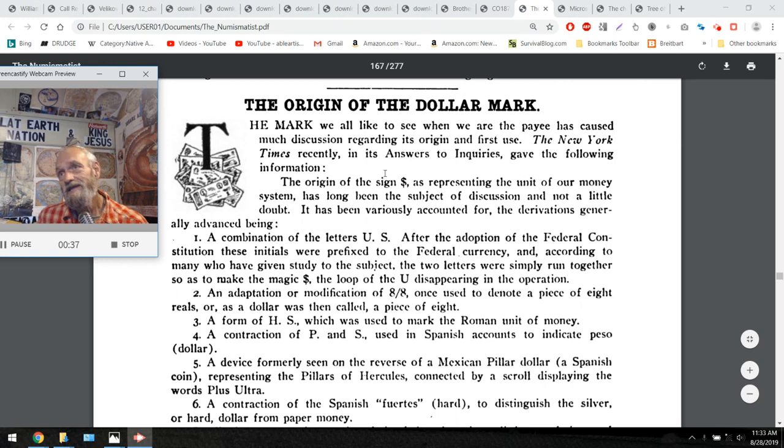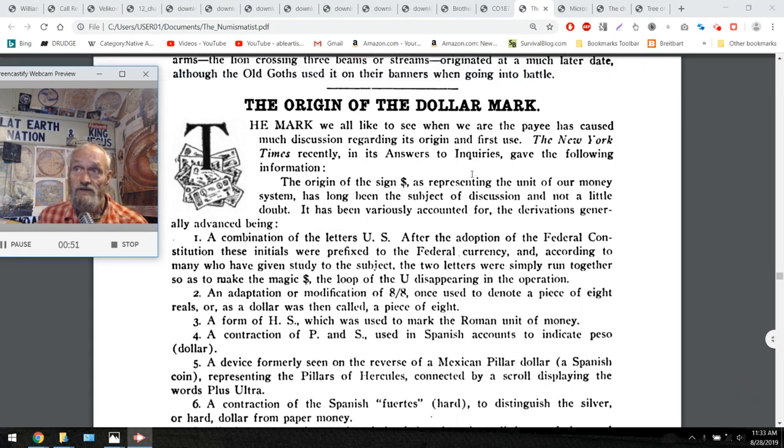They didn't know anything. The mark we all like to see when we are the payee has caused much discussion regarding its origin and first use. The New York Times recently, in its answers to inquiries, gave the following information. The origin of the dollar sign as representing the unit of our money system has long been the subject of discussion and not a little doubt. It has been variously accounted for.